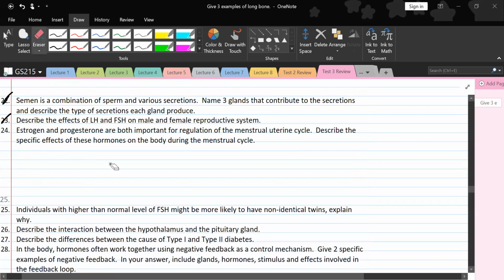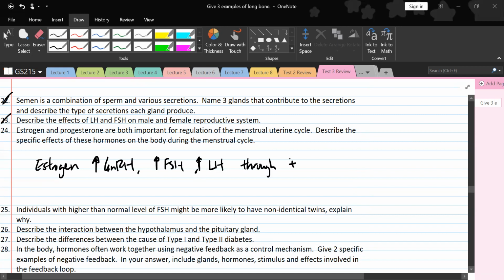Describe specific effects of these hormones on the body during the menstrual cycle. So basically the estrogen will increase GnRH, increase FSH, and increase LH through positive feedback. And at the same time, it will thicken the endometrium.